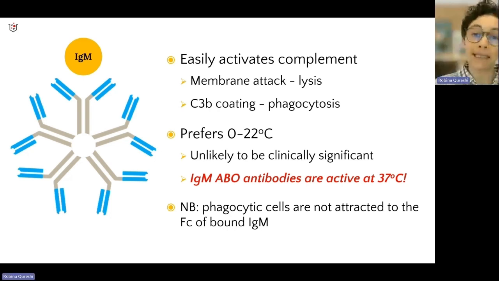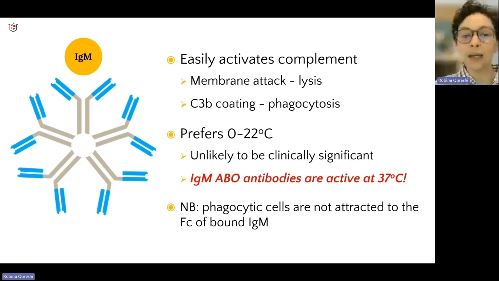They prefer 4 to 22, and then, as some of you have pointed out, if they've got a high thermal amplitude, they can react at 37 as well, and then we do start to worry about those a little bit. But the big one for us is IgM, ABO antibodies are active at 37. They will activate complement, and they cause us a lot of trouble, which is why we give ABO-compatible blood transfusions, right? Hopefully you all agree with that one.